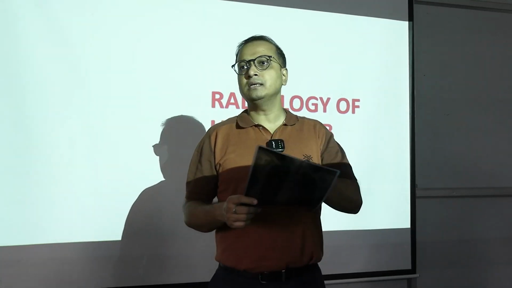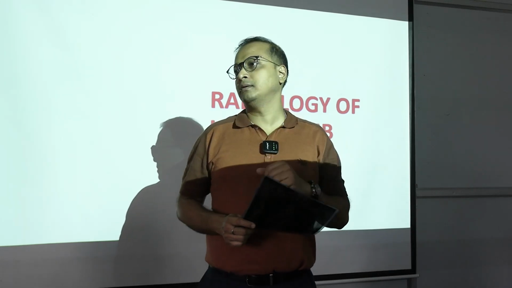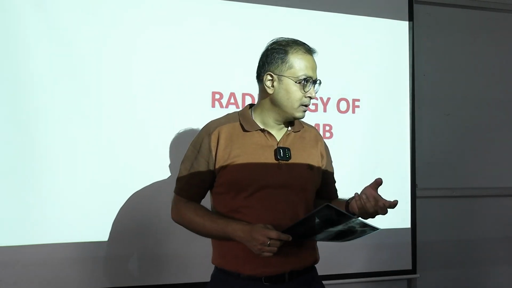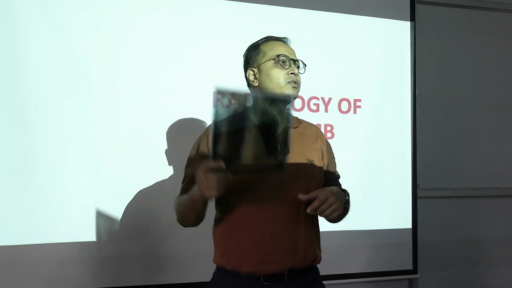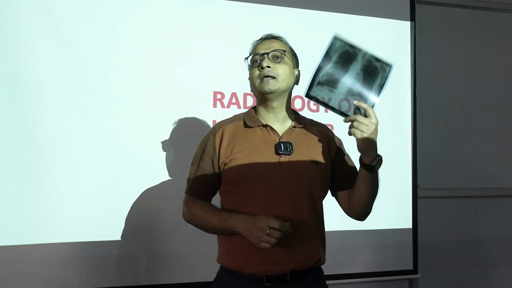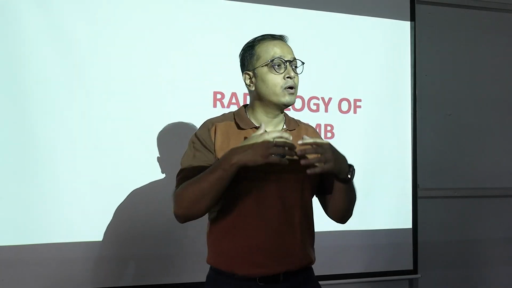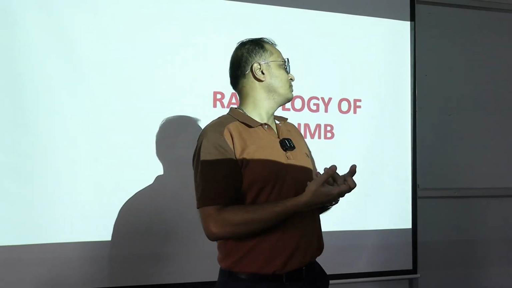Now, other than these, if you are seeing something special, then we call it a special X-ray. Now, to see something special, we have to do something special. So, this is a normal plain X-ray which you are seeing here, and if you want to see something special, you have to do something special.